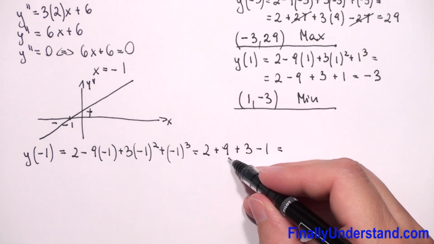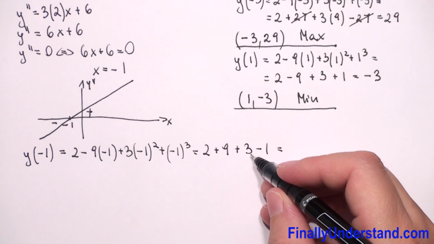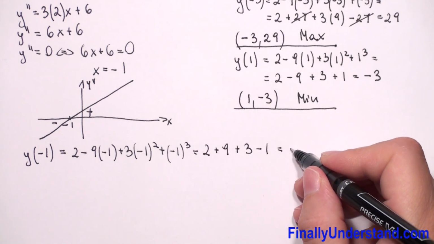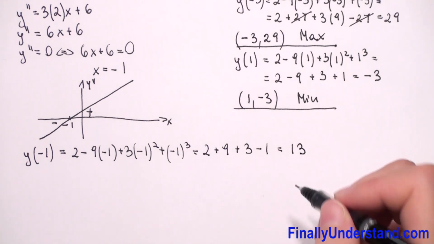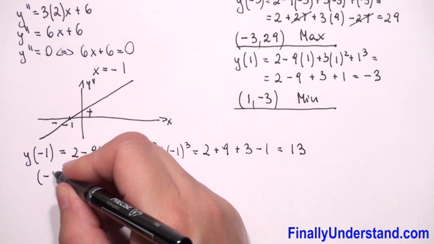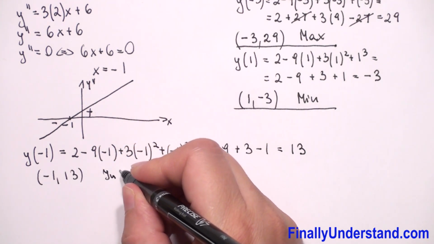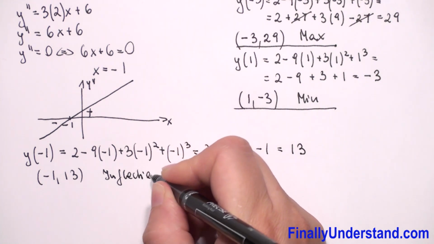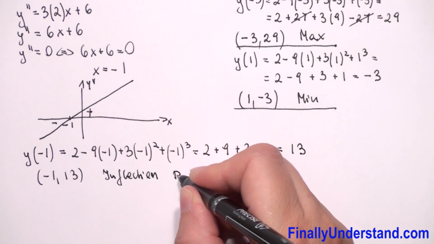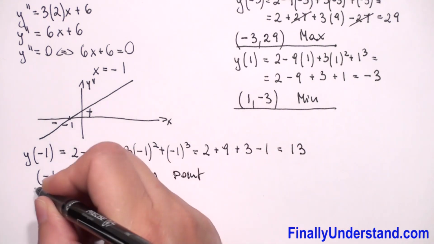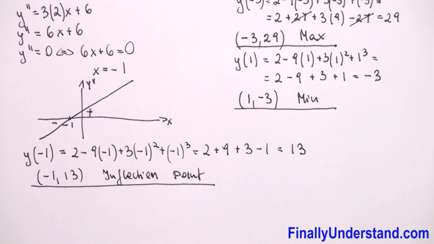So 2 plus 9 is 11, plus 3 is 14, minus 1 is 13. So negative 1, 13 is our inflection point. This is my solution.